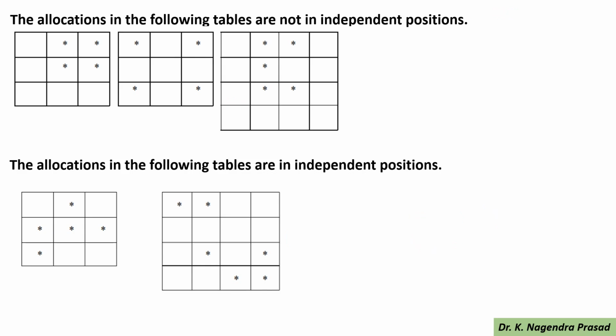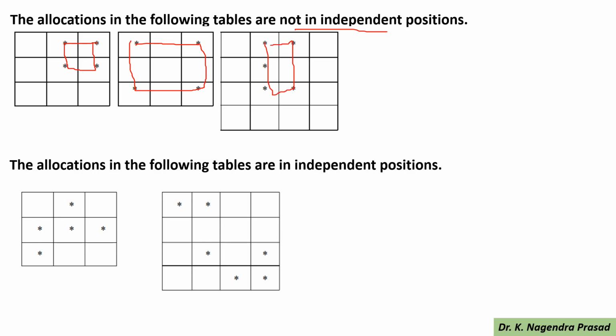So this is the schematic representation for the independent positions and the non-independent positions. First we look at the non-independent position. Here observe that all the allocations are forming a closed path. See here, all these three paths are forming a closed path.